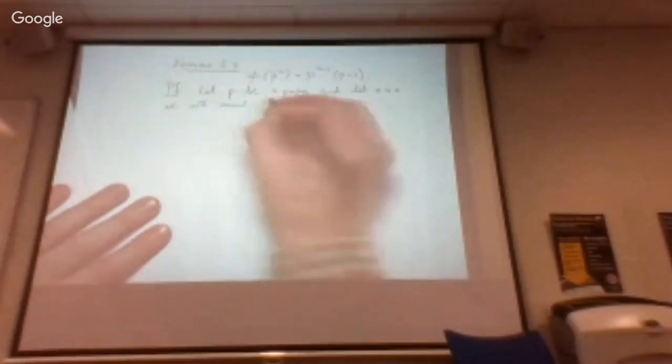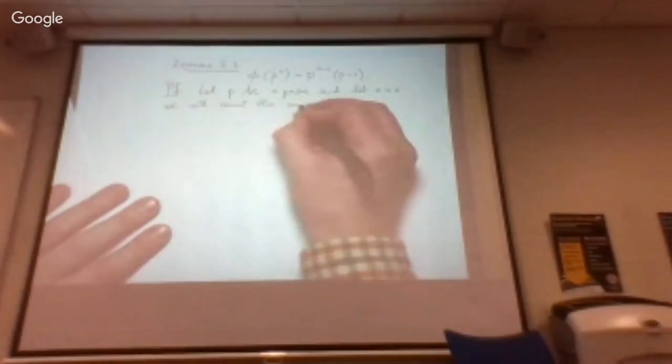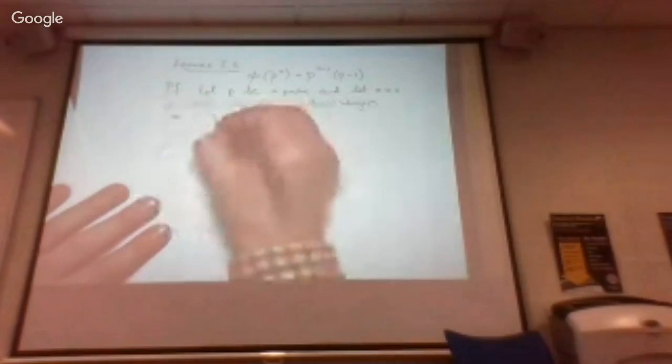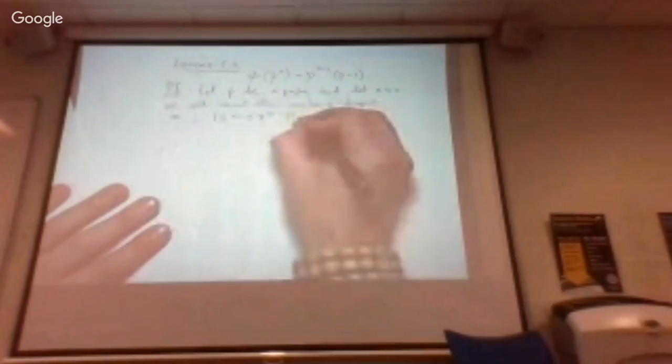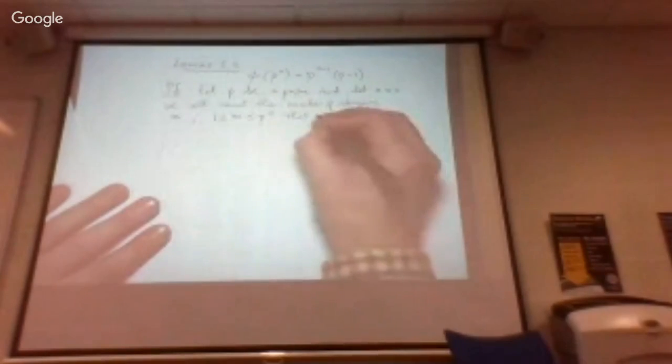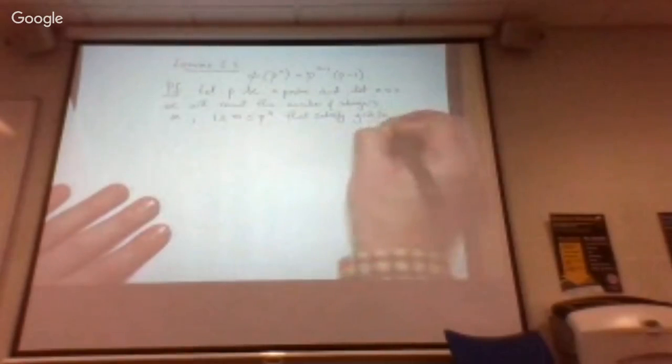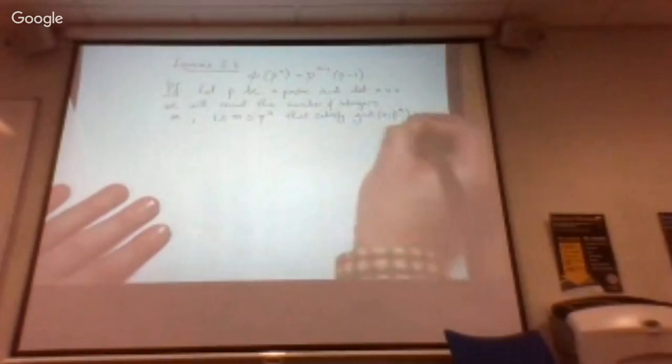So we will count the number of integers n which are in the range between 1 and p to the a, that are coprime, or that satisfy GCD of n and p to the a equals 1.